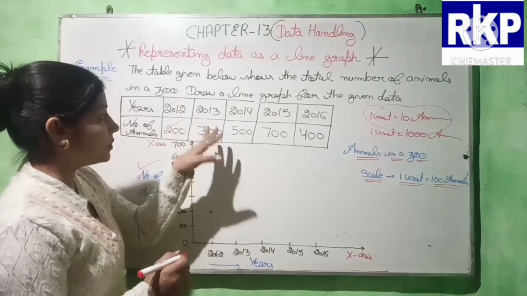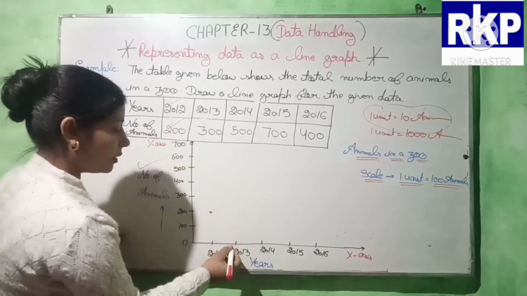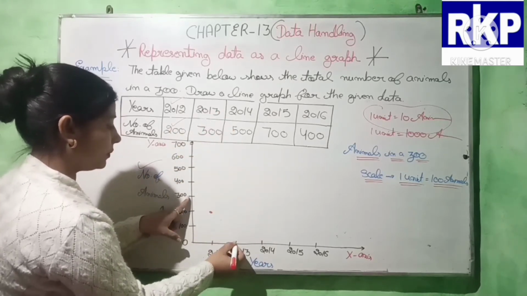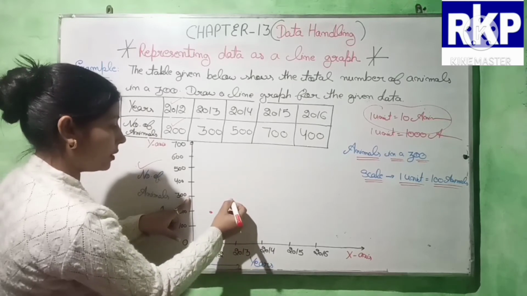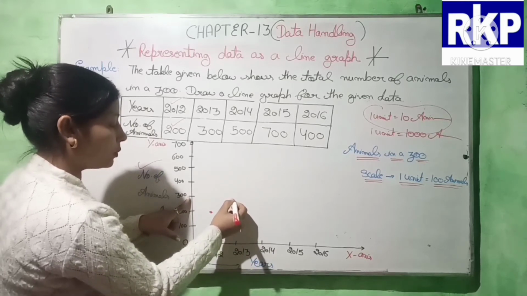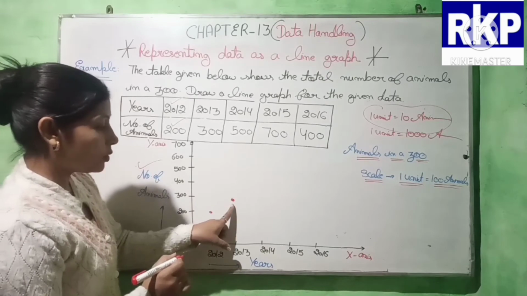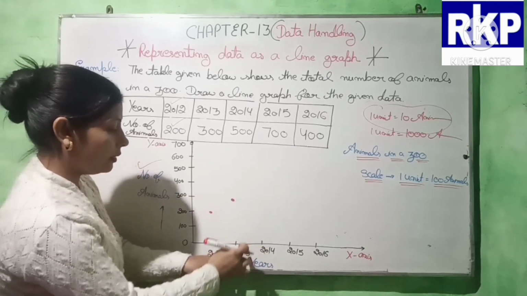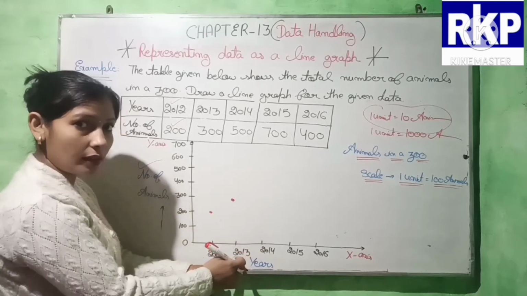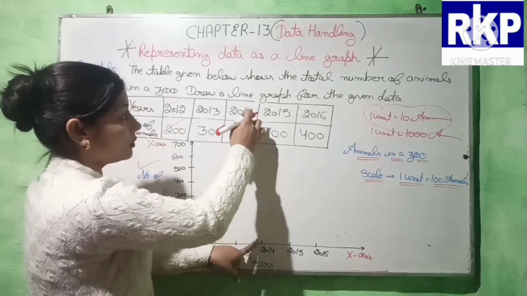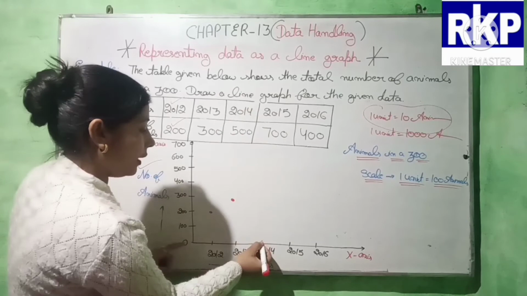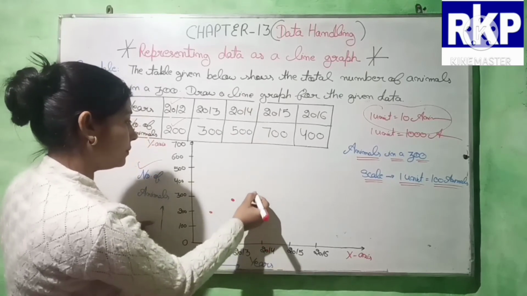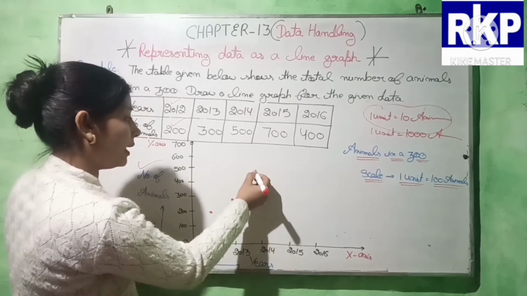Now comes next 2013, and there were 300 animals. So here we have to put a dot. This point shows 300 animals in the year 2013. Next is 2014. And how many animals are there? Yes, 500 animals are there.